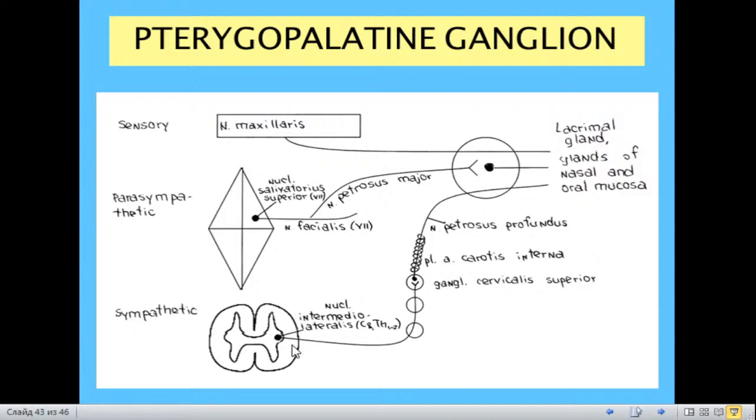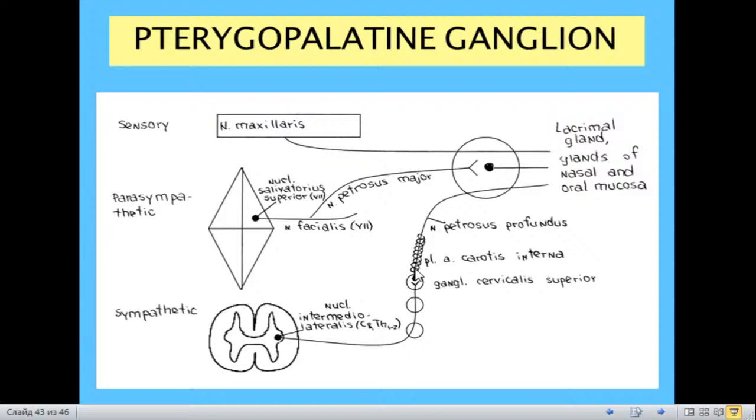Sympathetic fibers come from nucleus intermediolateralis uppest possible segments, then preganglionic fibers move through anterior root of spinal nerve, white communicating branch, no synapse in ganglions of own level, interganglionic rami towards superior cervical ganglion, and synapse here.